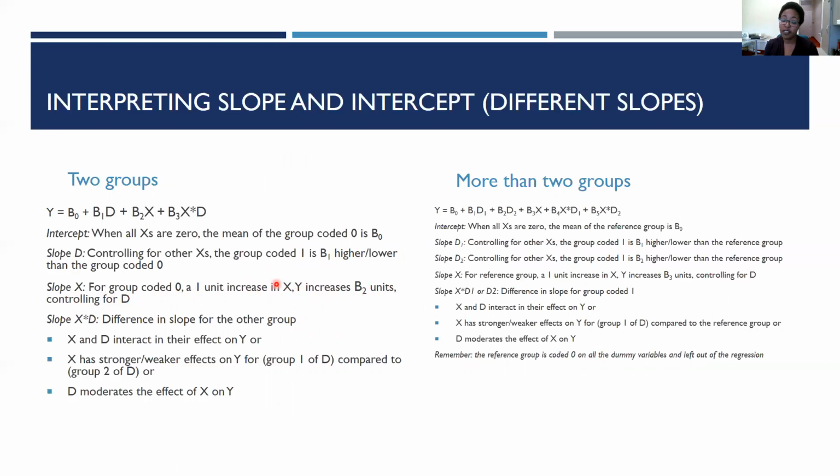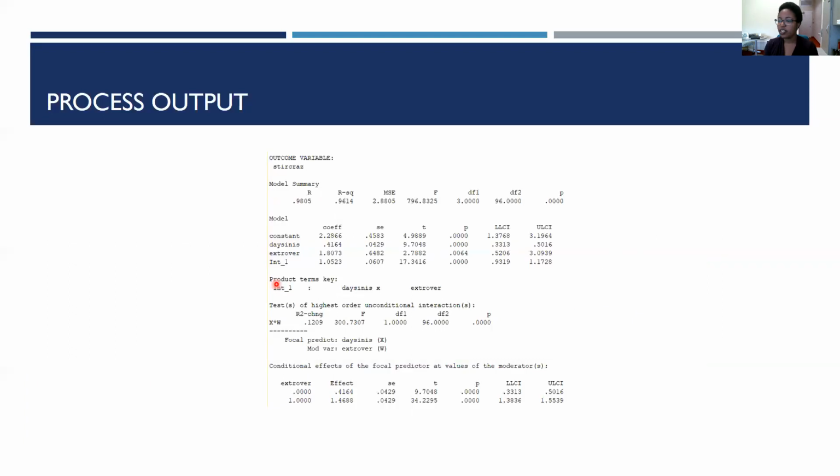And that's going to be in our reference group, which is a slight change from what we've been doing. So we can say that for each day in isolation, because this is a 1 unit, each day in isolation, stir craziness goes up by 0.4164.